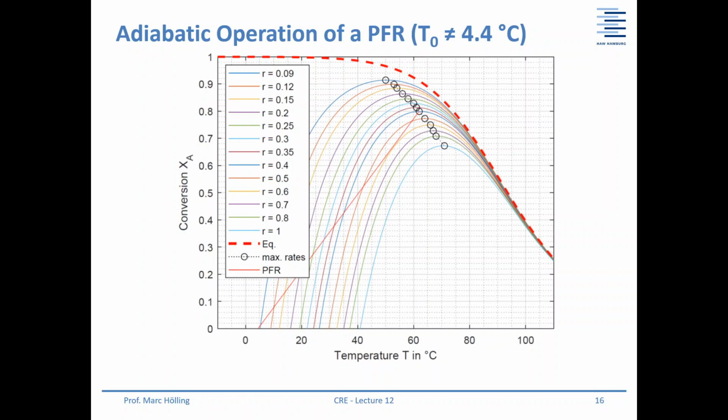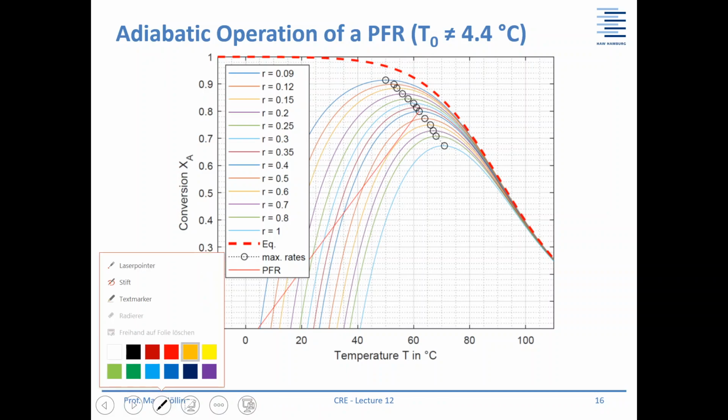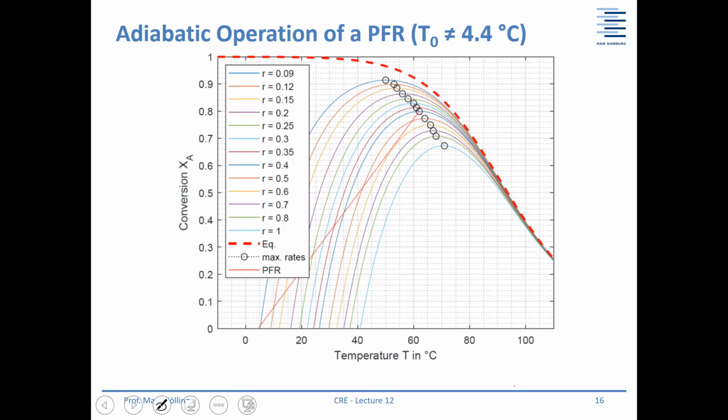But what I want to do is I want to show you how you can find a better value. What you have to do for this, let's say red. If you start here and then you would go like this up to 80%, then you will see, okay, if I start with 20 degrees Celsius at the inlet, then I will never reach 80% conversion because I'm on the right side of the equilibrium, so it's not possible.